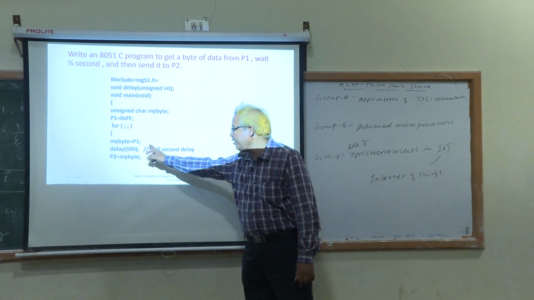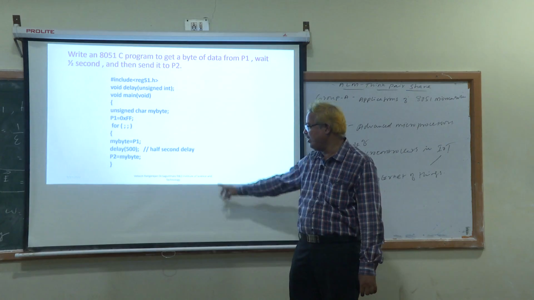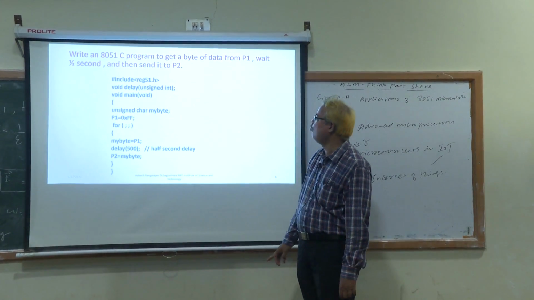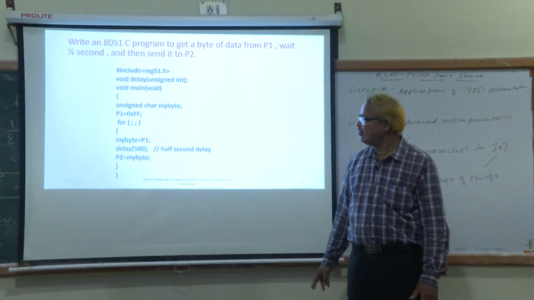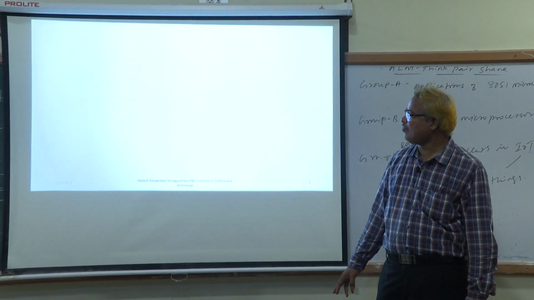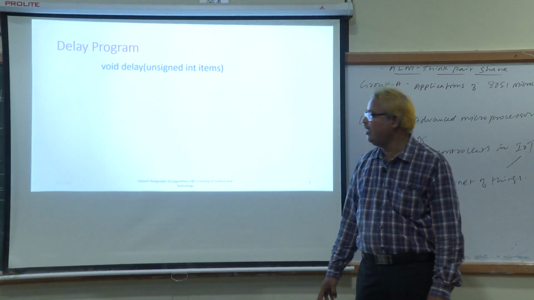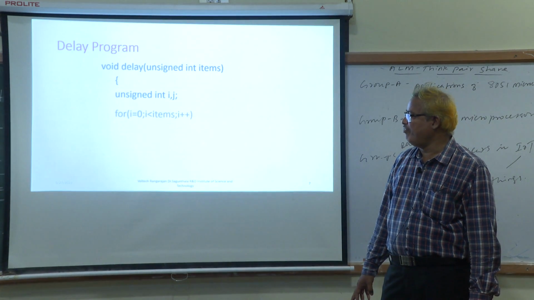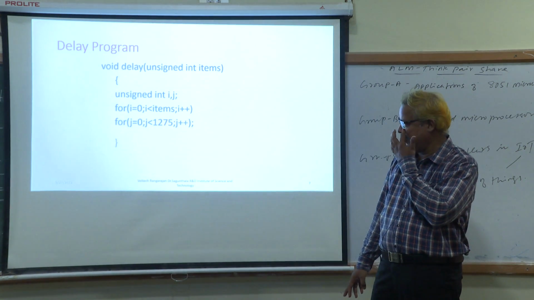First mybyte receives from port 1, then a delay of 500 millisecond, and then mybyte is transmitted through port 2. Then a delay of 500 millisecond. Previously we created a delay for 50 millisecond, now we are creating the delay for 500 millisecond.